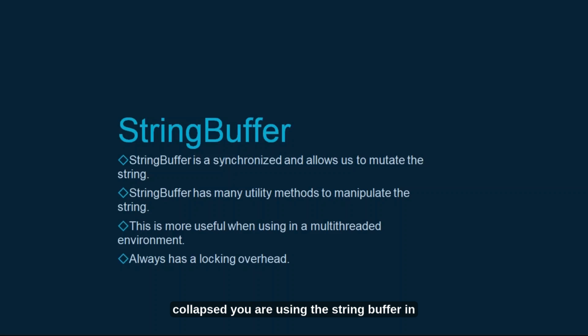Like select star from person, and where this plus this join. So if you want to write these kinds of bigger queries, use the string buffer. String buffer will work in the multi-threaded environment.